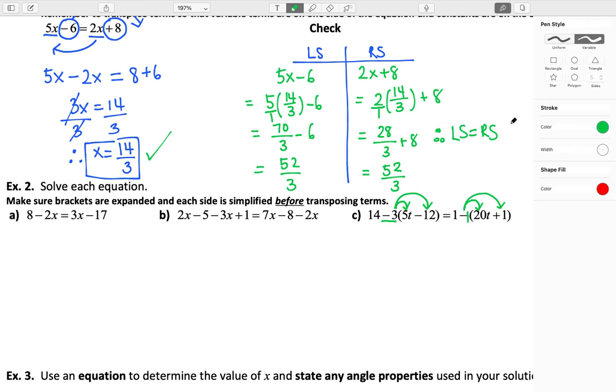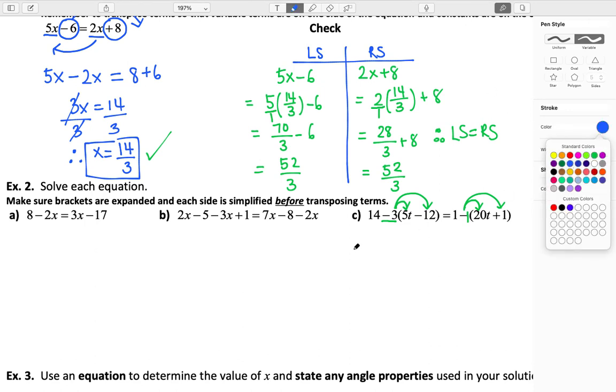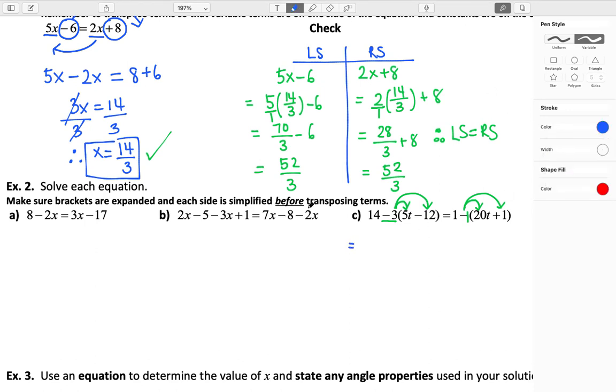So therefore we write 14 minus, -3 times 5t is -15t, -3 times -12, negative becomes positive, 36, equals 1 just comes down, -1 times 20t is -20t, and minus 1.